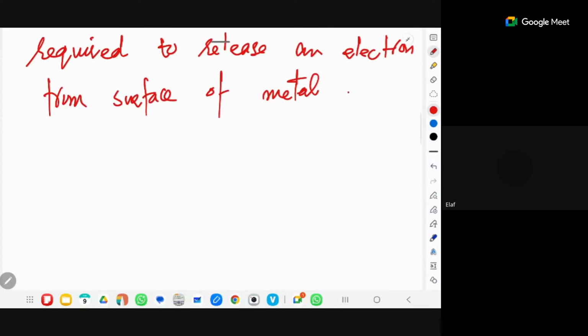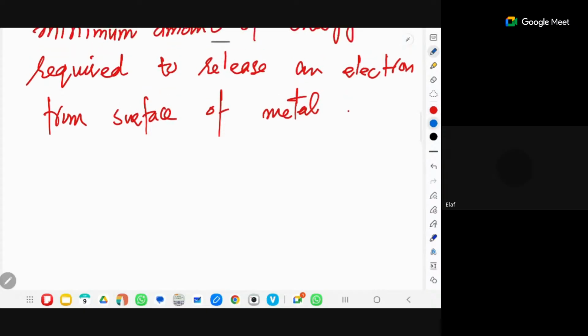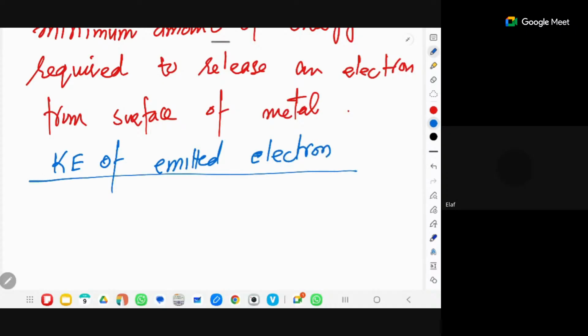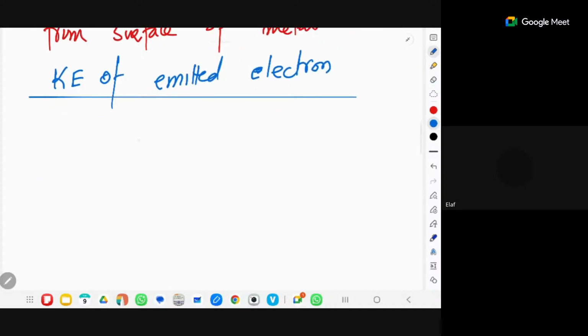Now, if you are going to give more energy, then that electron will have kinetic energy also. So I am going to write that kinetic energy of emitted electron. Definitely the electron which is released from the metal surface will move.